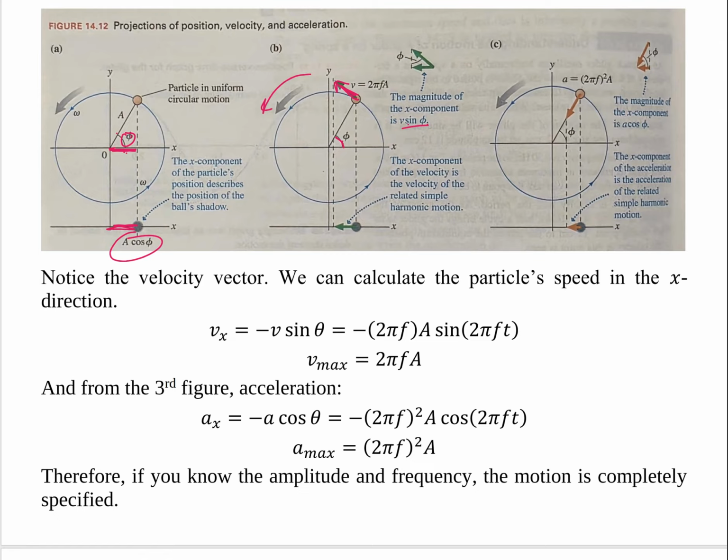This vector right here stops right there. So this angle right here, they're saying is, nope, that's not it either. So what is it? How come it's sine?